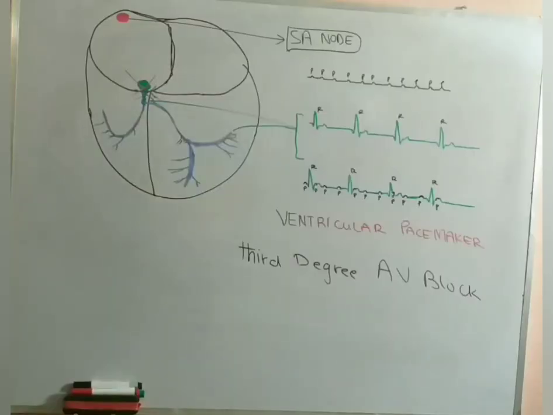Now if we look at this diagram, again this is a complete heart block. This is a third degree AV block. This time the block is at the level of both the upper and the lower part of the AV node. The AV node is completely blocked, and even the upper part of the bundle of His is blocked. So the junctional pacemaker cannot be active.